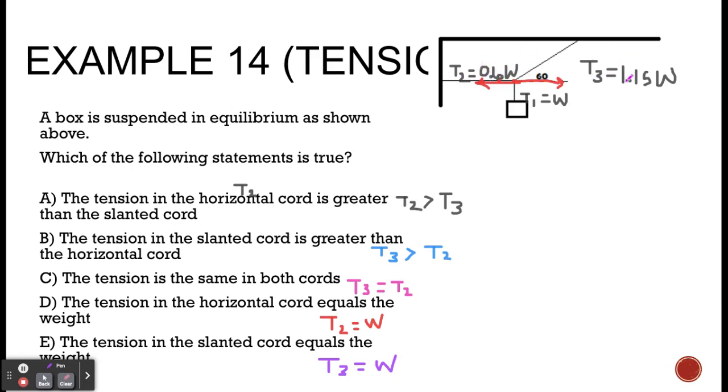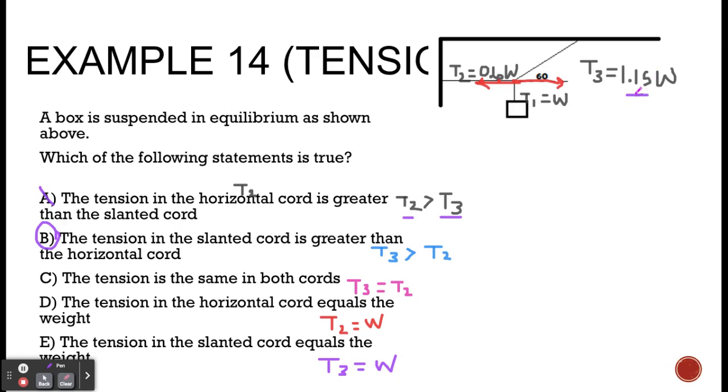T3 is going to be 1.15 times the object's weight. So in part A it says that T2 is larger than T3, and that is not true. 0.6 W is not greater than 1.15, so that eliminates A. Our answer here should be B.